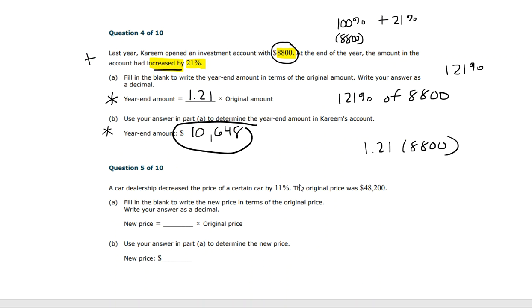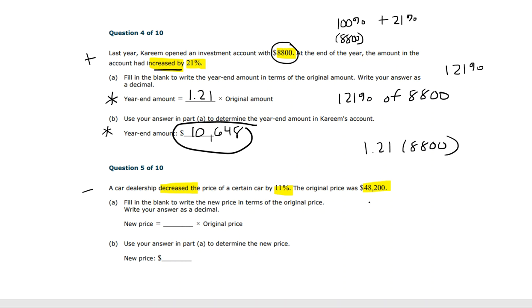Question number 5. A car dealership decreased the price of a certain car by 11%. The original price was $48,200. So let's look at some of our keywords here. Decreased, that's going to tell us that this is going to be a subtraction. It decreased by 11%, and the original price was $48,200.